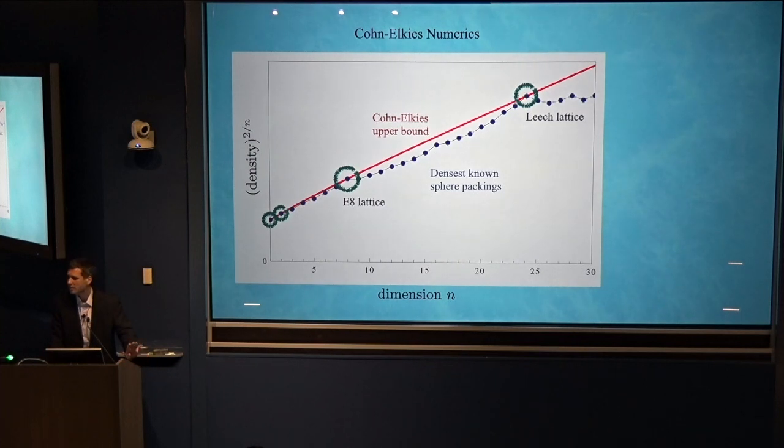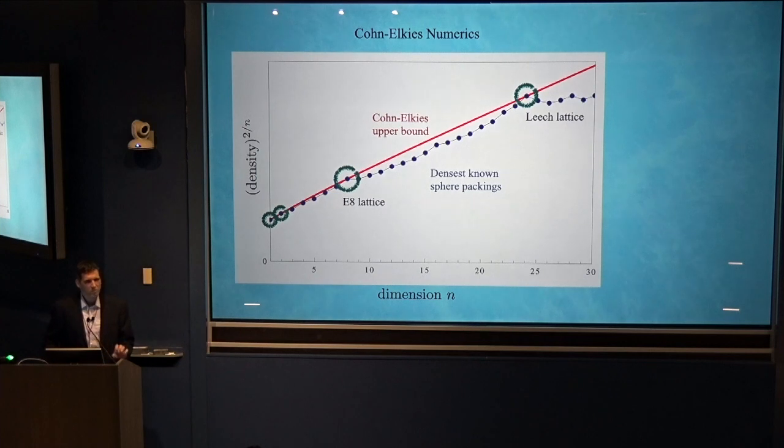It has long been suspected, actually, that these might be the densest sphere packings in 8 and 24 dimensions. But there wasn't overwhelming evidence for it until this numerical result of Cohn-Elkies.